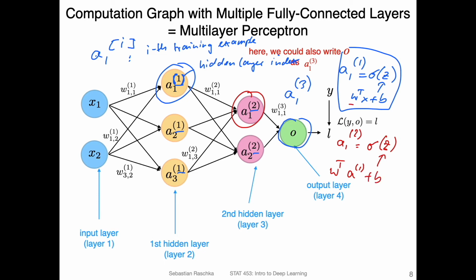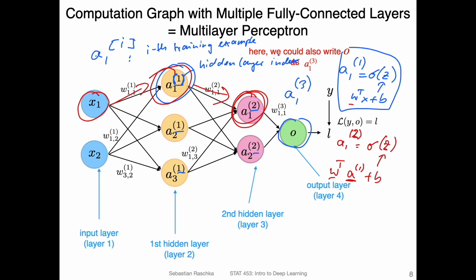I'm not using indices here for the weights, but these would, of course, be the weights from the previous layers respectively. Here I was just focusing on what the inputs are. For this second one here, we have the activations of the previous layer, which act as the inputs to that layer, if that makes sense. So for this layer, we have the x's as input, and for this layer, we have the activations from the previous layer as input.